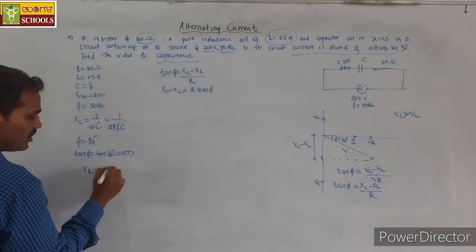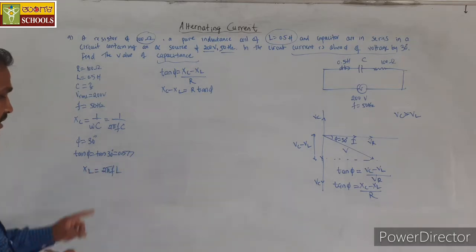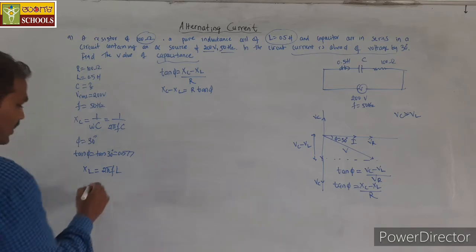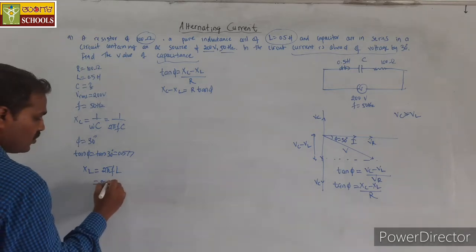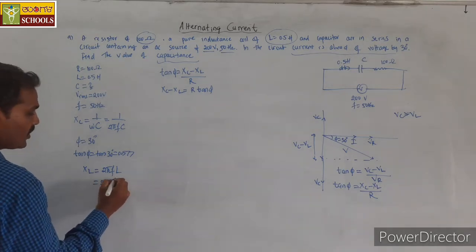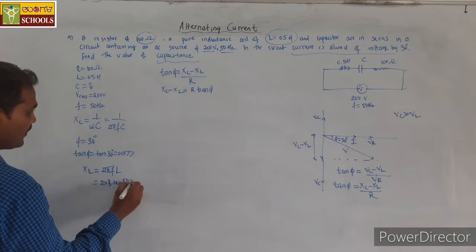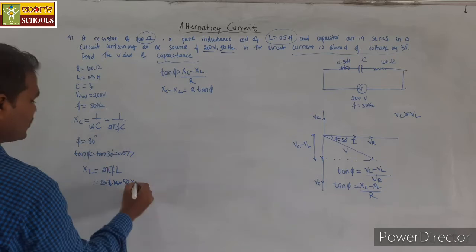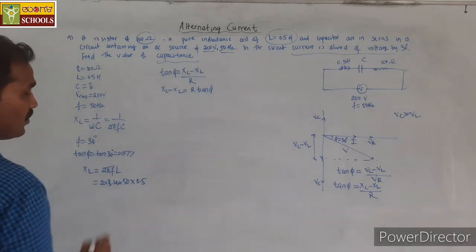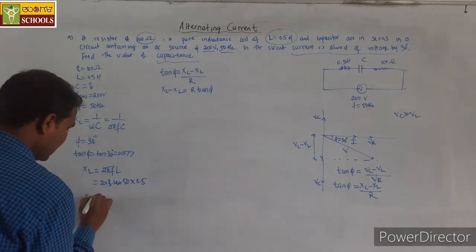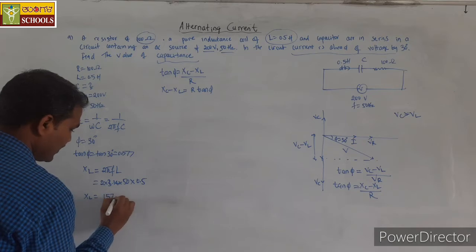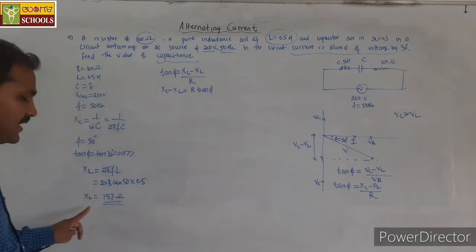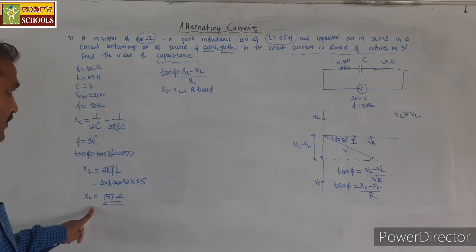XL is equal to 2 pi f into L, that is nothing but omega into L. So that is equal to 2 into 3.14 into 50 into 0.5. This XL I get as 157 ohm. This is the inductive reactance.